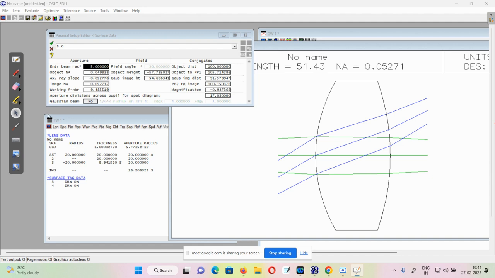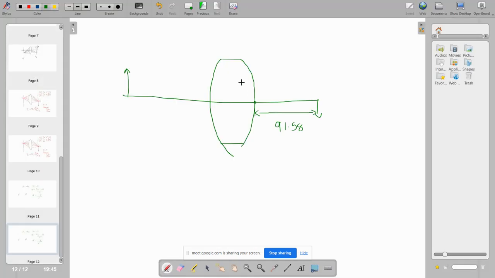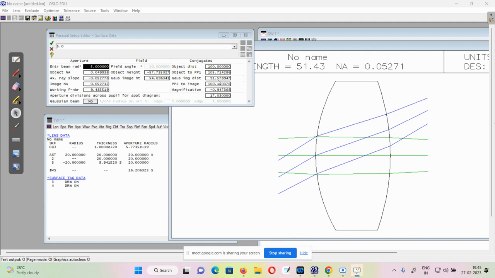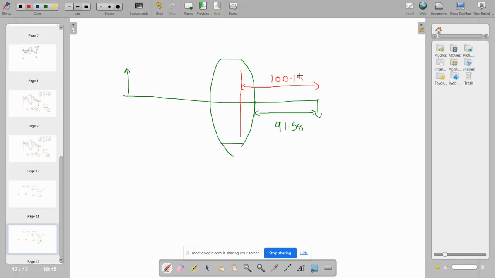Okay, so there is some principal point PP2 here such that the distance from it to the image is 100.15.